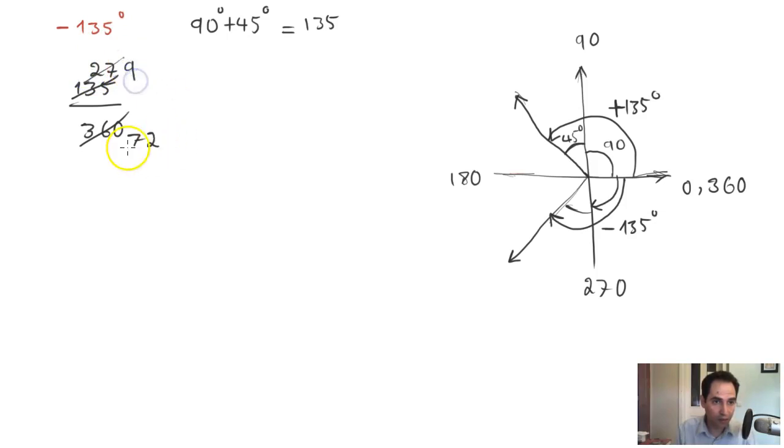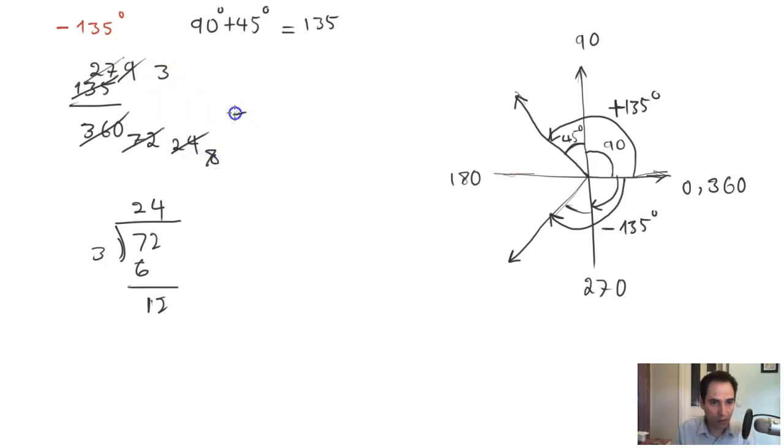You can divide this by 3, you will get 72. By 3, you will get, 2 into 3 is equal to 6, and then you have a 12 here, so this is 4, so this is 24. And then again, you can divide by 3, you will get 3, you divide by 3, you will get 8, so it is 3/8.